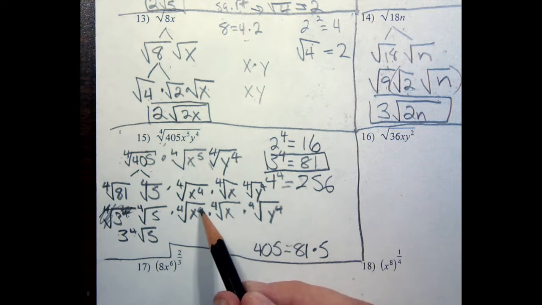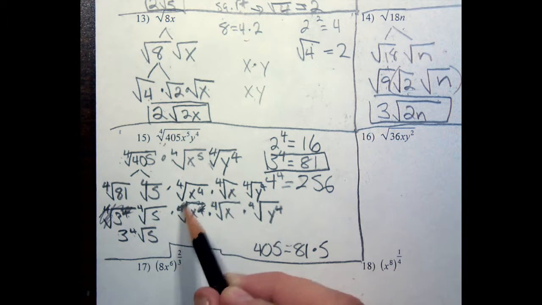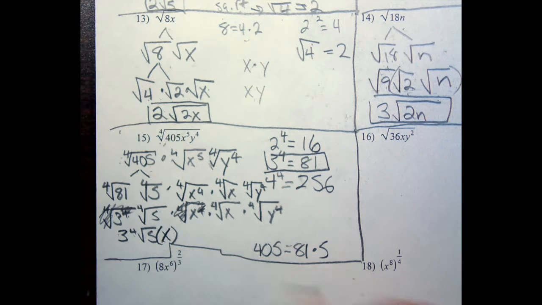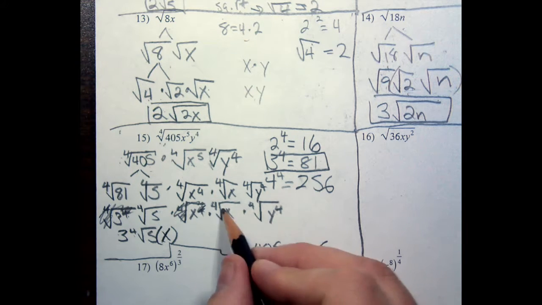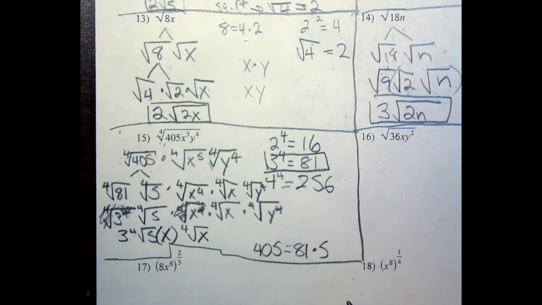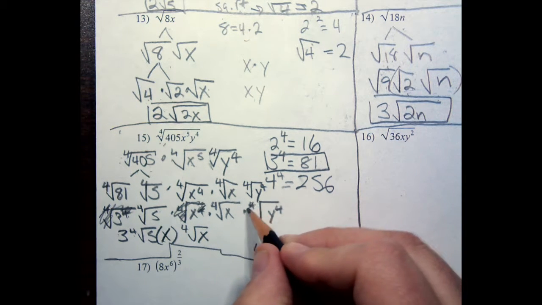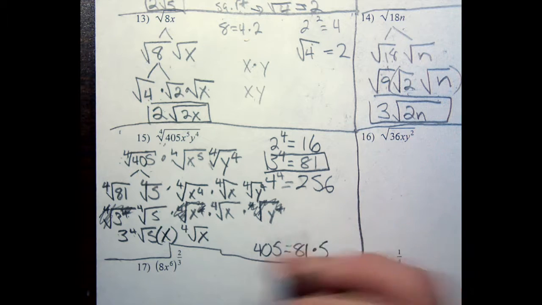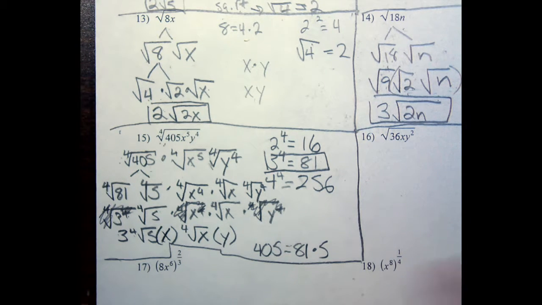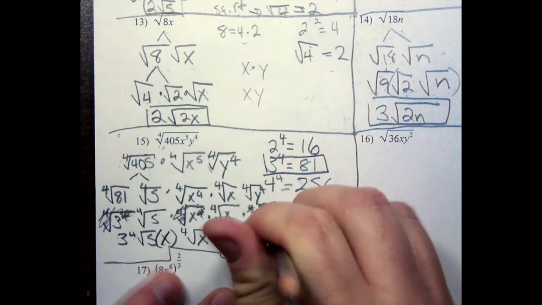But over here I have the fourth root of x to the fourth power, so that kind of undoes itself. So that's x. I'm going to put it in parentheses. And then over here I'm left with the fourth root of x, right? And then this fourth root and fourth power undo each other, so I've got y. Does that make sense? Well, it may not make sense, but that's what we're doing, okay?